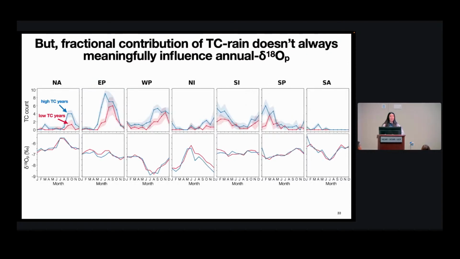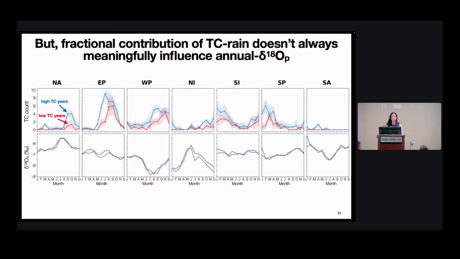Okay, and what I wanted to understand is, even if TC rainfall is more negative than non-TC rainfall, what does that actually mean for the annually integrated delta 18O of precipitation? To do this, I looked at the top 10th percentile and the bottom 10th percentile of TC frequency years.